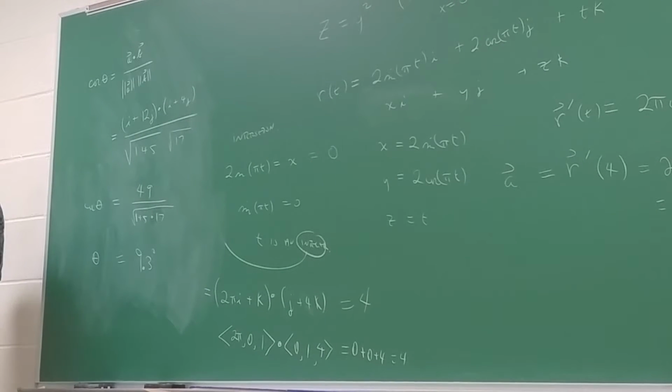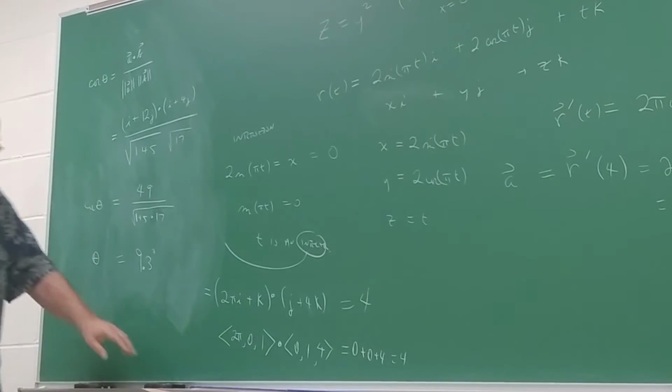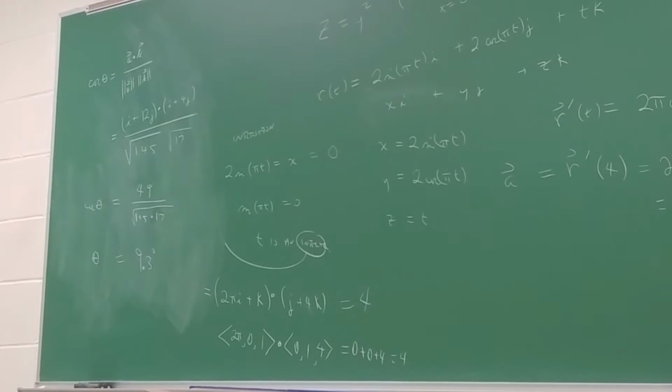Now, I want to do this one a different way. In 2 dimensions, there's almost always an easier way than to go to the dot product thing. And by the way, first of all, let's get this other one here.